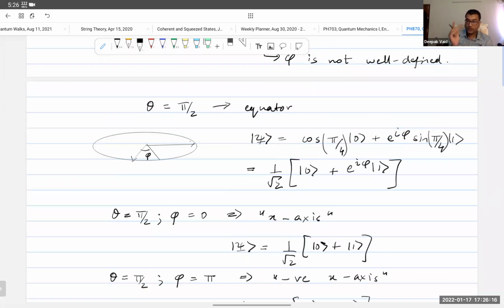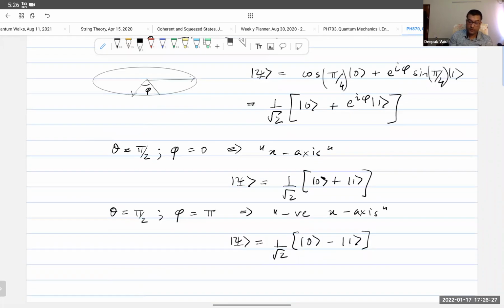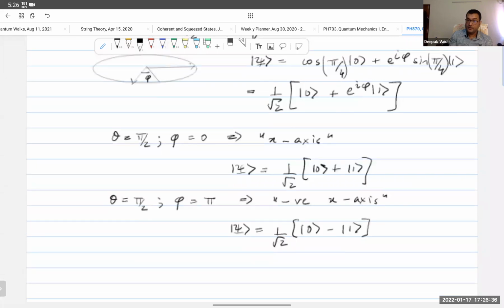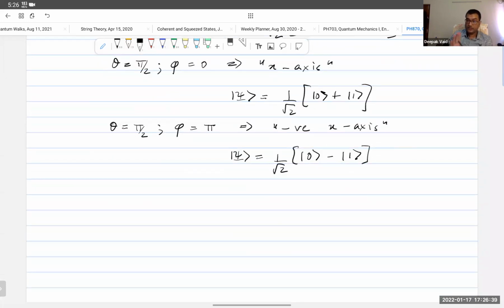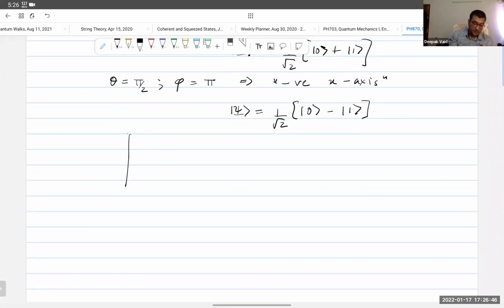So all the points on the equator correspond to an equal weight superposition of the two states, because the amplitude of the two coefficients is just 1 by root 2. There's a relative phase factor e to the I phi, which is important, which is physical, because it's a relative phase factor, not an absolute one.